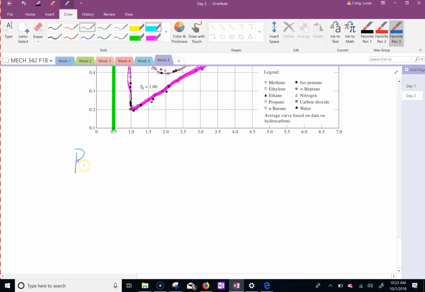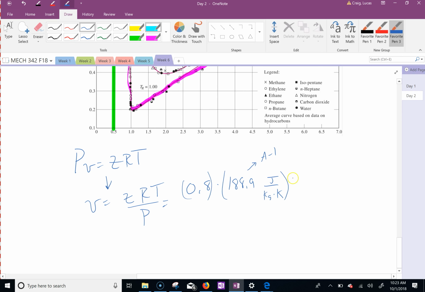We can then say PV equals ZRT. We can solve for V. And just to save space, I'll go to the right. R value is 188.9 joules per kilogram K. And this is found on A-1 for CO2.